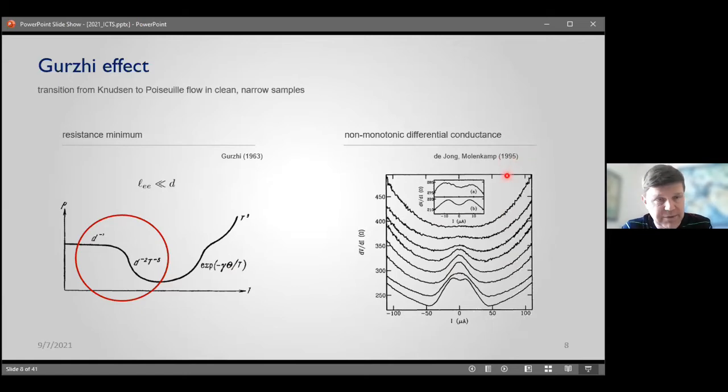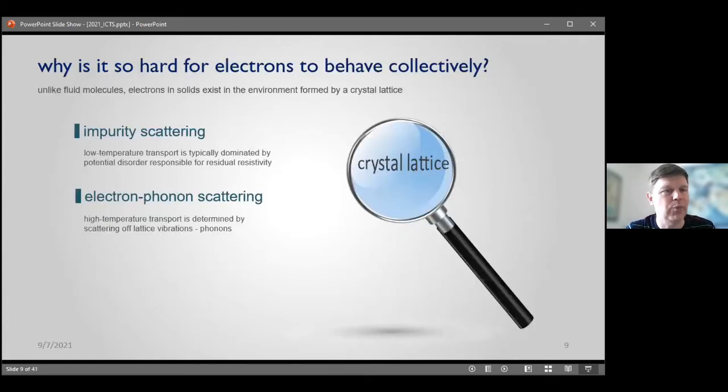However, after '95, there was a long pause in experimental studies of electronic hydrodynamics, which was only revived 5 or 6 years ago with graphene and the onset of ultra-high pure materials.